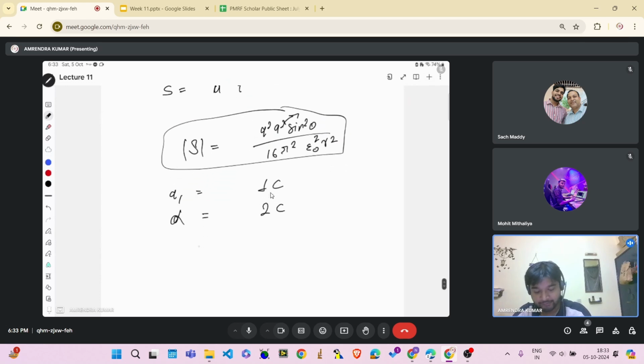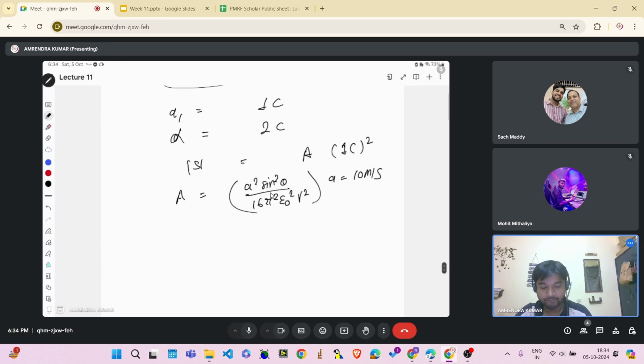So we can clearly see that the S radiated will be some constant A, containing all the constants, into 1 coulomb square, where a square sine square theta over 16 pi square epsilon naught square r square, and a is the same, 10 meter per second square, for both.